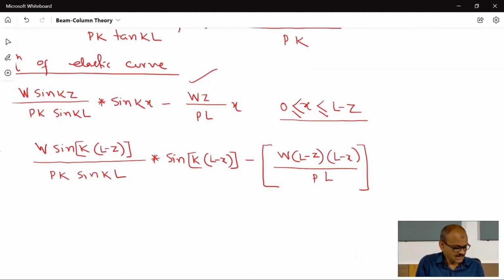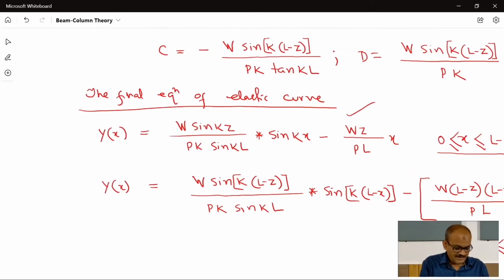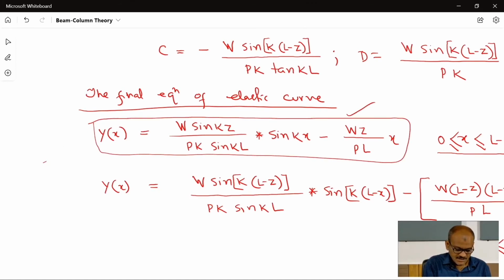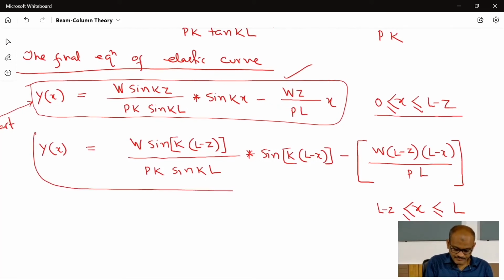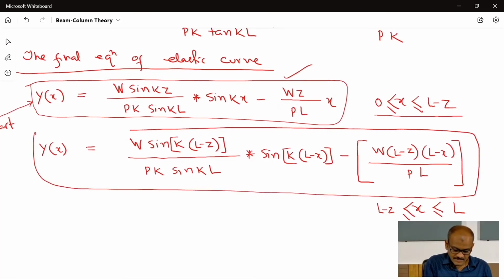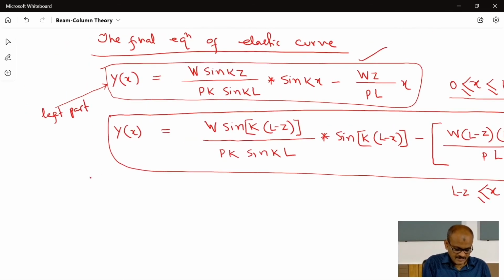This is for x greater than or equal to L minus z and less than or equal to L. So this is the left part of the loading, and this is the right part of the loading. This expression is the right part.